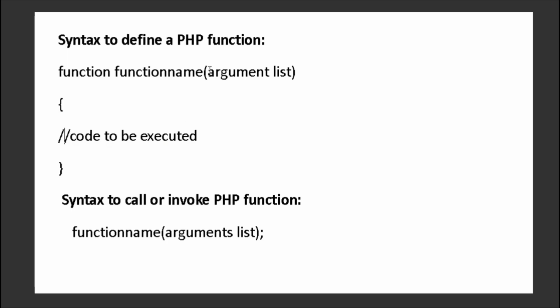If there are multiple parameters that we are passing to that function, they have to be separated by commas. Here you can see when this function is executed, when we call it, the calling syntax is the function name and the argument list that the function requires.